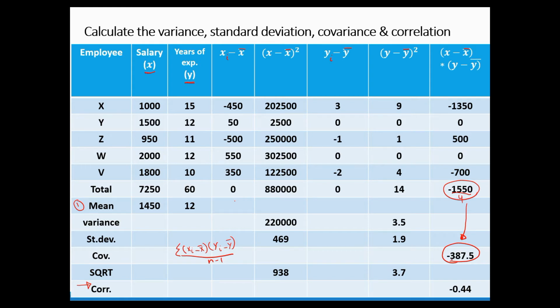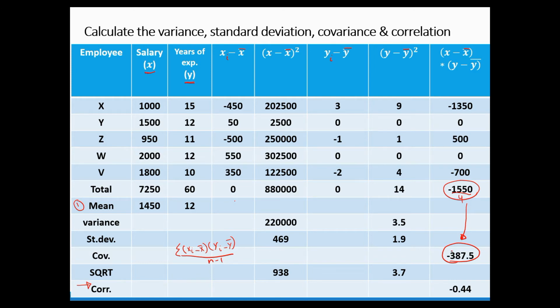So here the covariance is negative 387.5. We can only benefit from the negative sign, that we know there is a negative relationship between the salary and the number of years.